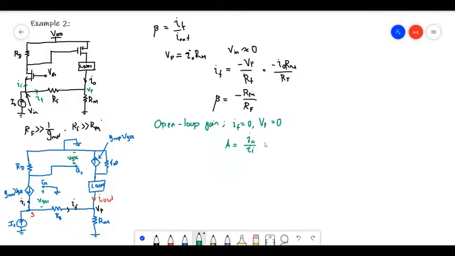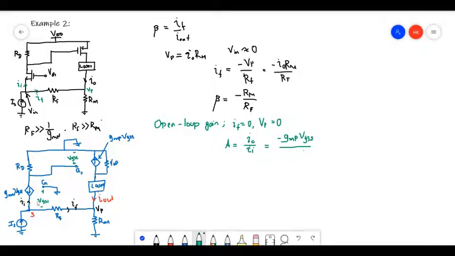I out is now this current. Remember, these things are gone now. So if I consider this current, I can write that as minus GMP VGS2, that is the output current.